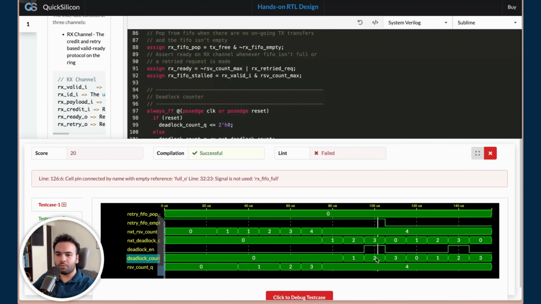Yeah, so the deadlock count was 2, it did get asserted, but then on the very next cycle it went to 3, then again 0, 1 and 2. So this probably is the place where you would know that something is going wrong with this particular deadlock counter, but you still don't know what is happening.